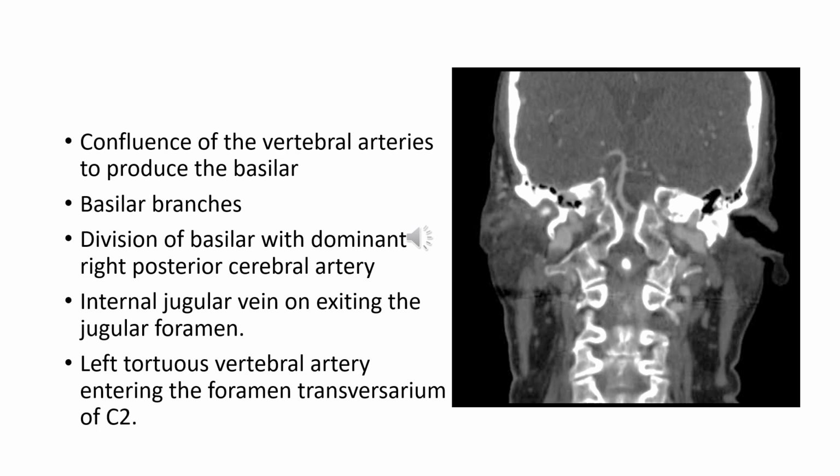And now we see the origin of the internal jugular vein that's exiting the jugular foramen. And more inferiorly, we see some of the tortuosity of the vertebral artery as it exits the foramen transversarium of C2, loops around the C1, and is going to enter the foramen magnum to form the basilar artery itself.